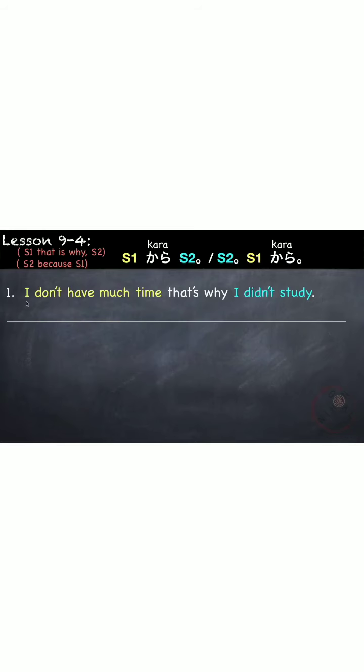S2 or sentence 2 because S1. Outcome because S1. For example, I don't have much time. That's why I didn't study. We have the reason and then the outcome. So we say S1, which is I don't have much time.